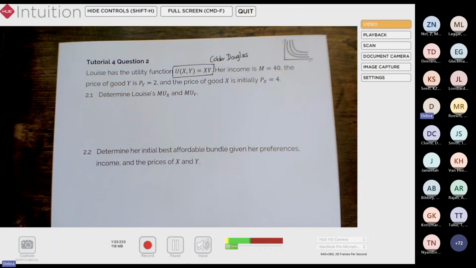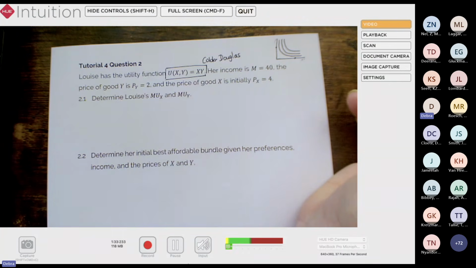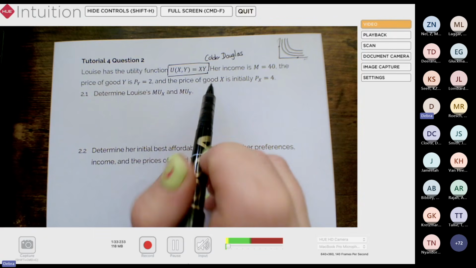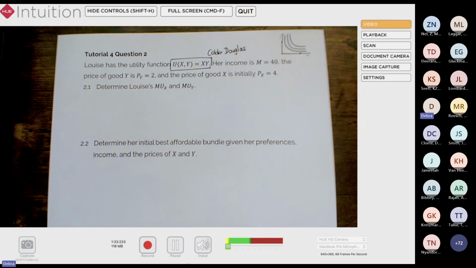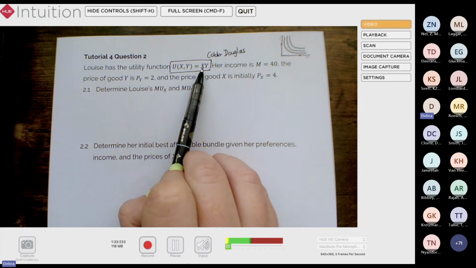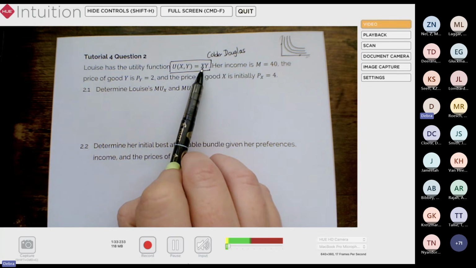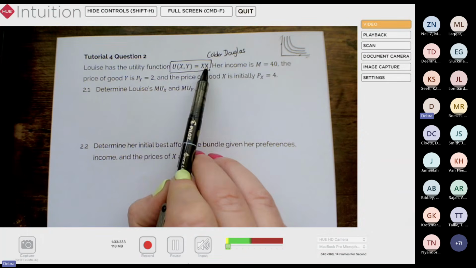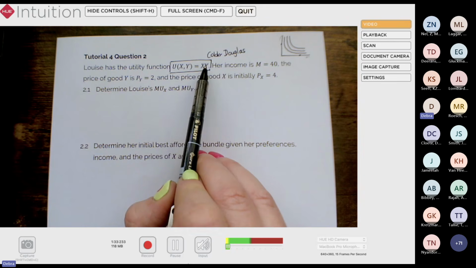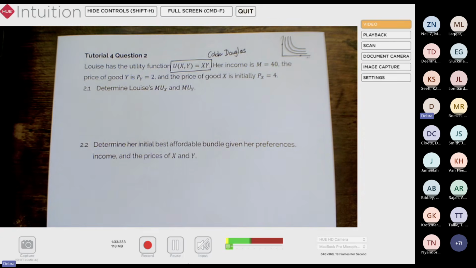So you will never end up at a point where y is 0 or x is 0, because your utility depends on having something of both of them. So you can see that if I put 0 in for x here, I'd end up with a utility of 0, because 0 times some positive number would be 0. And if I had absolutely no y, but some amounts of x, I would get no utility, because 0 times some positive number is 0. So this is our more conventional utility function.